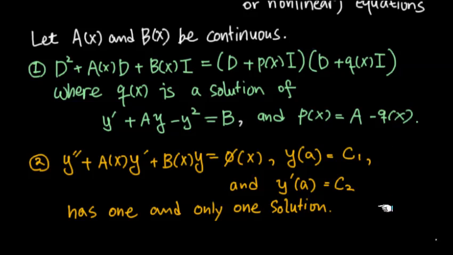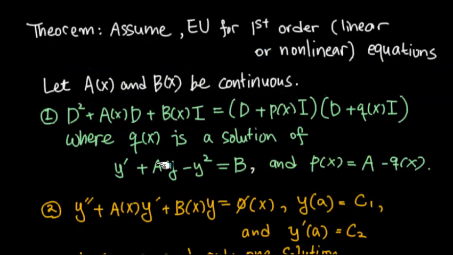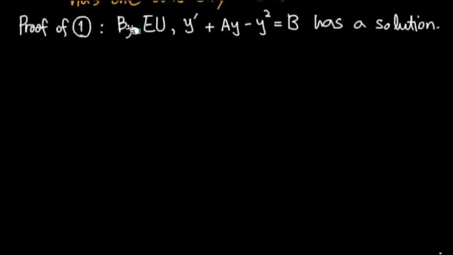So let's take a look at the proof of the first statement. Here's the statement again. First we have to think about the existence of q(x). q(x) is a solution of this one. Of course, there's the existence and uniqueness theorem for first-order equations. This is a first-order differential equation, nonlinear, but it has a solution.